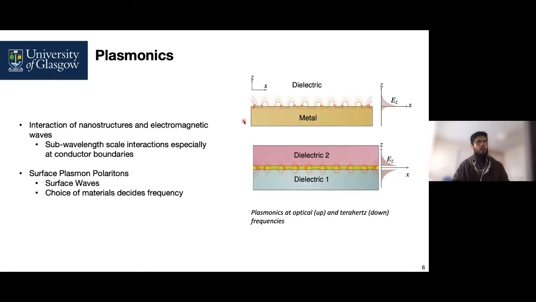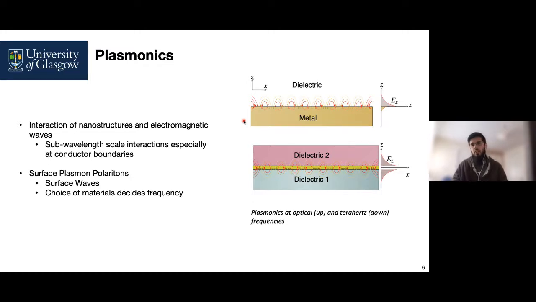Now, in these plasmonic devices, the waves propagate in such a way that the interaction is actually much smaller as compared to what we would observe in free space. That's why we call this interaction sub-wavelength.